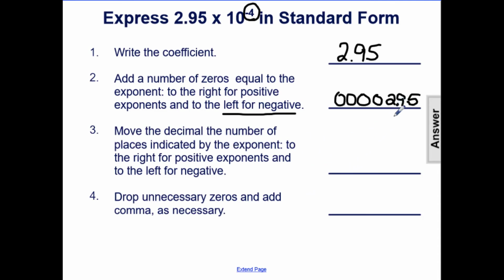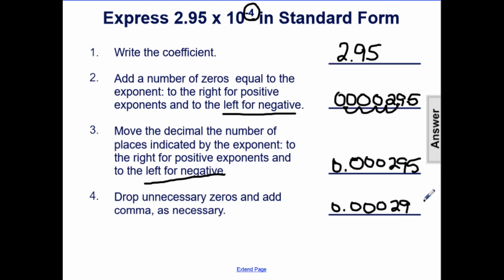We're then going to move the decimal 4 to the left because, again, it's negative. So we'll move it 1, 2, 3, 4. So that would give us 0.000295. Again, we like to keep the 0 to the left of the decimal, and we don't need any commas, so our final answer of 2.95 times 10 to the negative 4 is 0.000295.